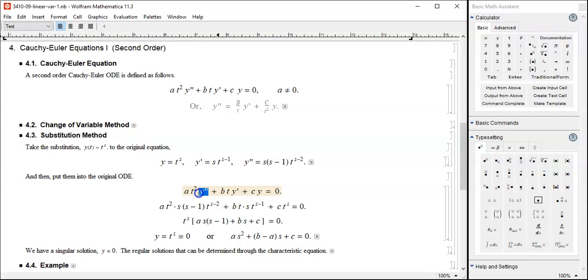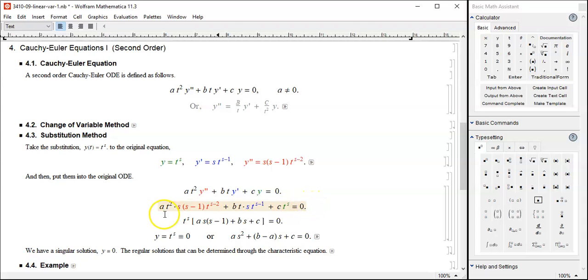So this y double prime, which I'm highlighting in red, is equal to this, and this y prime, which I'm highlighting in blue, is this, so it goes over here, and then y is just t to the s power, so we get that.